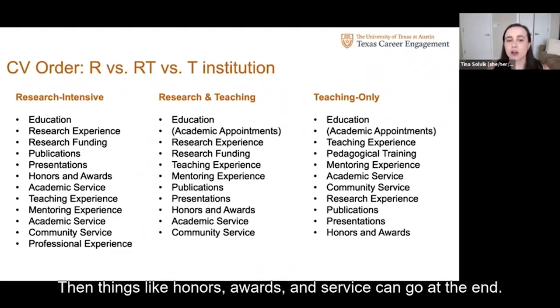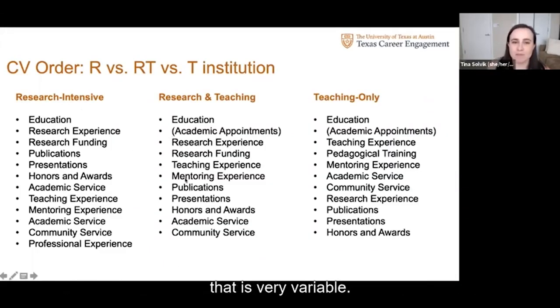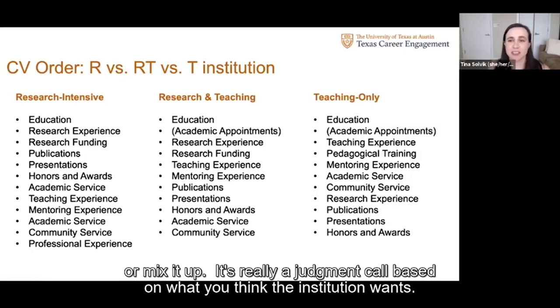And then things like honors and awards and service can go at the end. So it's really this section between academic appointments and mentoring experience that is very variable. So some of you can put research experience first, then teaching experience, then funding, then mentoring, or mix it up. It's really a judgment call based on what you think the institution wants.